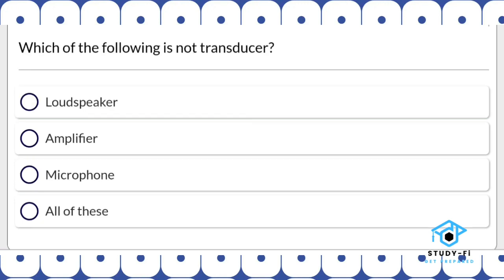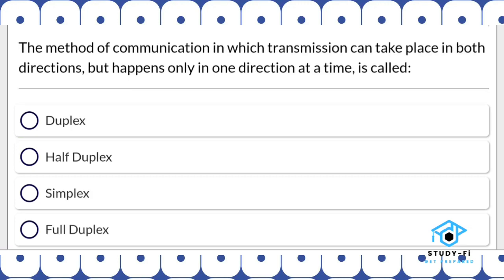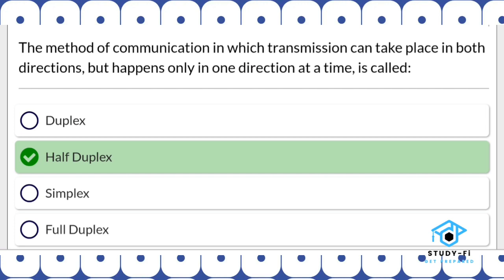Which of the following is not a transducer? Amplifier. The method of communication in which transmission can take place in both directions but happens only in one direction at a time is called half duplex.